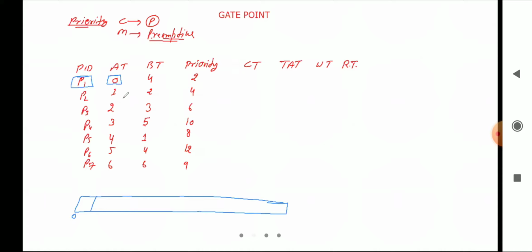So we'll execute P1 for how long? We'll execute P1 for one unit, so remaining time is 3. 0 plus 1 is 1, and we are executing P1. Why for one unit? Because arrival time 0, if we add 1 it becomes 1, right?